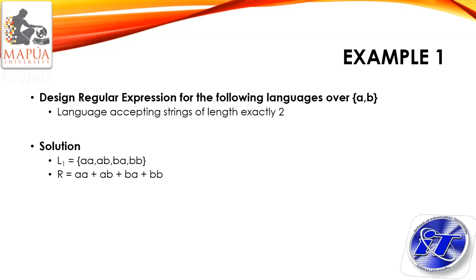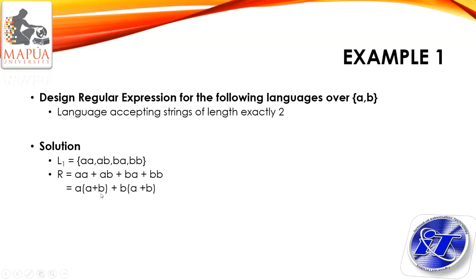So let's manipulate this regular expression. Why not factor A from the first 2 and factor B from the last 2 terms? So it will be A concatenate with A union B, union B concatenate with A union B.